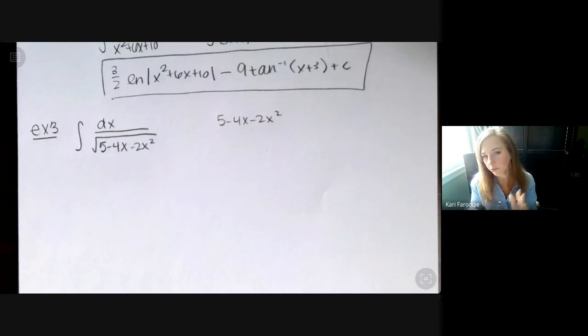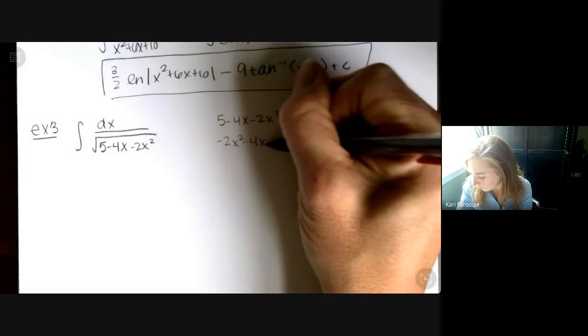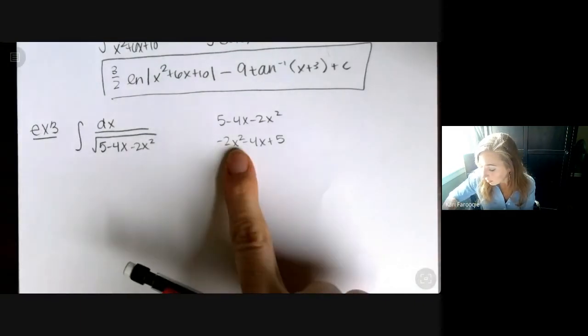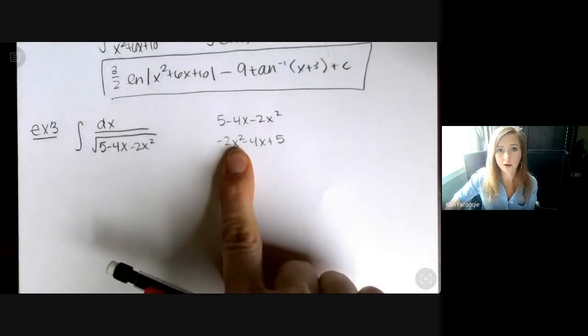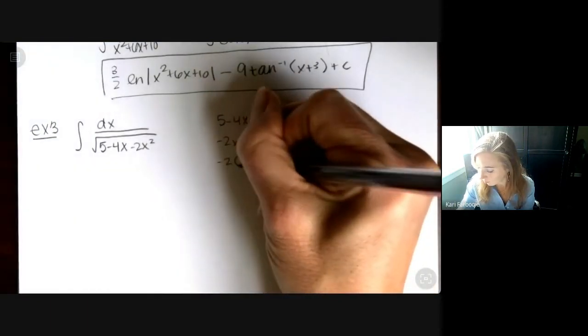And I want you to rewrite this in descending order. I think that's going to be the best way of doing this. Definitely write it in descending order. Okay, now, here's the part you have to remember. When you complete the square, you don't want negative 2x squared. You want x squared. So you're going to factor out the negative 2.